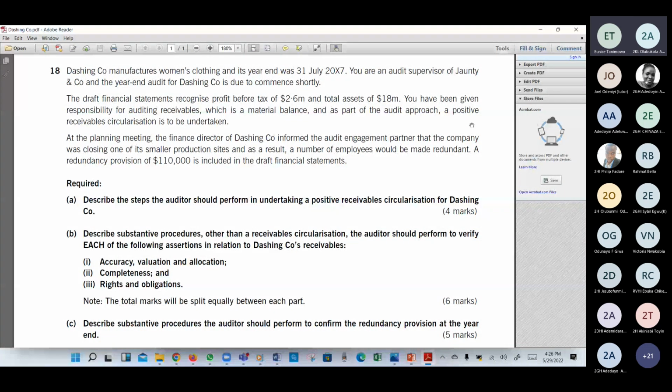And then you prepare it on the letterhead of the client. Then you state in the circularization for them to confirm the balance that the client has already given to you.